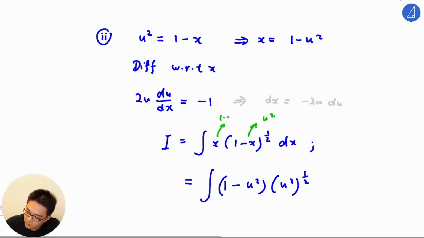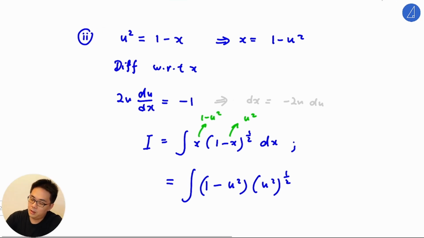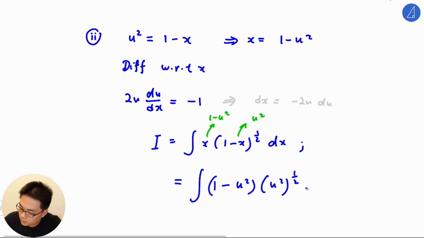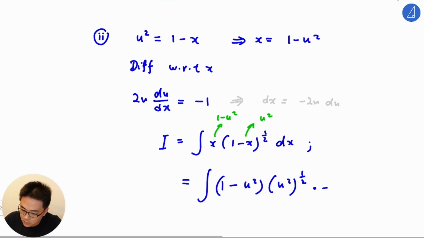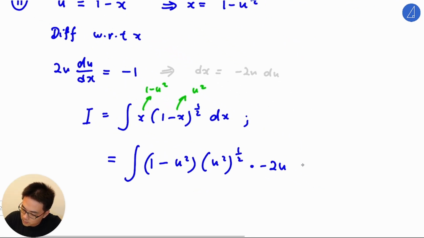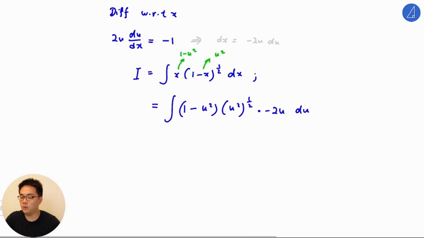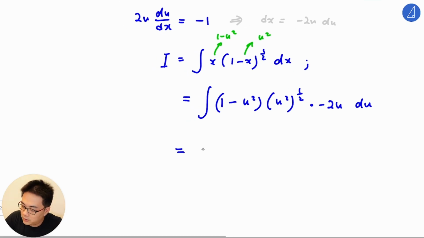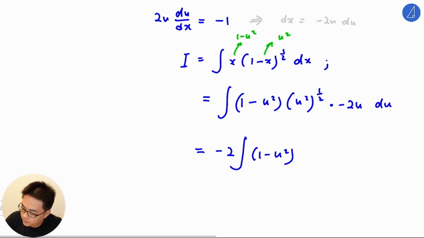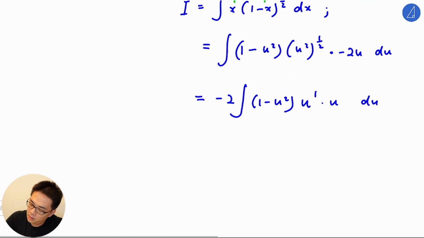Then this x is 1 minus u squared. Okay. Then dx will just be minus 2u du. Okay, change everything to u. Not an issue there, so just put the 2 outside here. 1 minus u squared, u times u du.